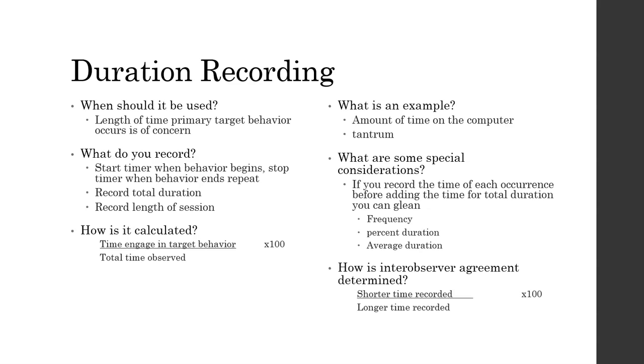You take the time engaged in the behavior, then divide by the total time observed. You could use this for time on the computer or a tantrum. You can record frequency, percent duration, and average duration with all of the information you gather on the duration recording. And with inter-observer agreement, you have two observers record the time and you just divide the shorter time by the longer time.